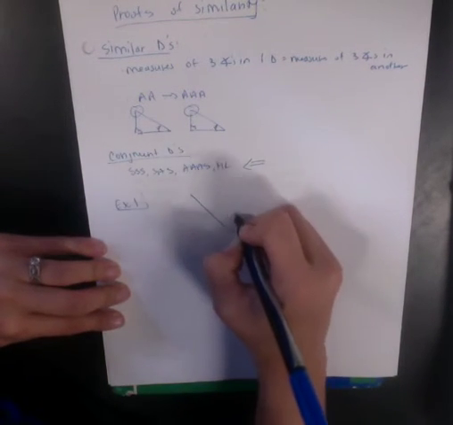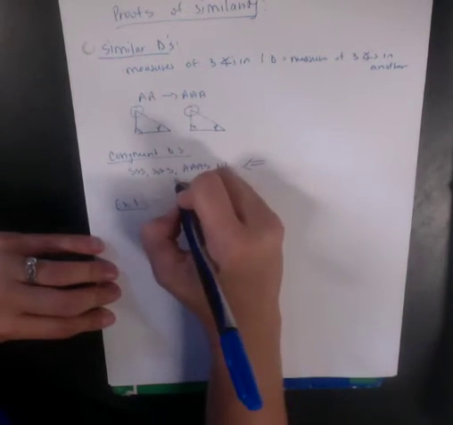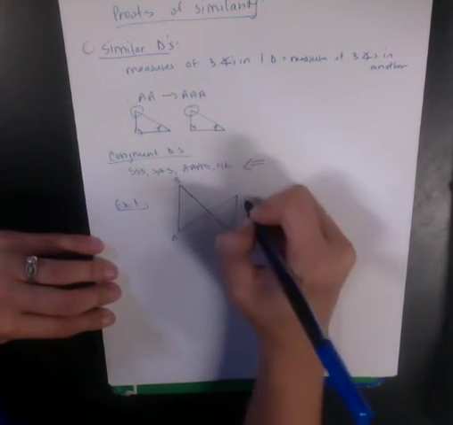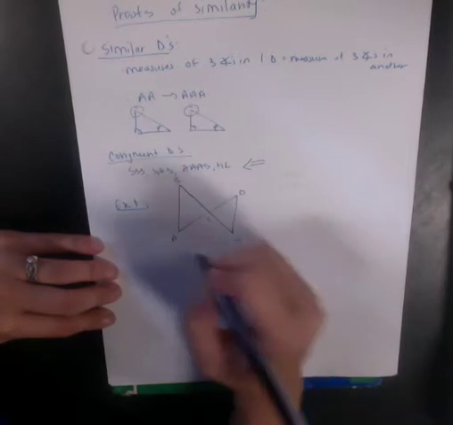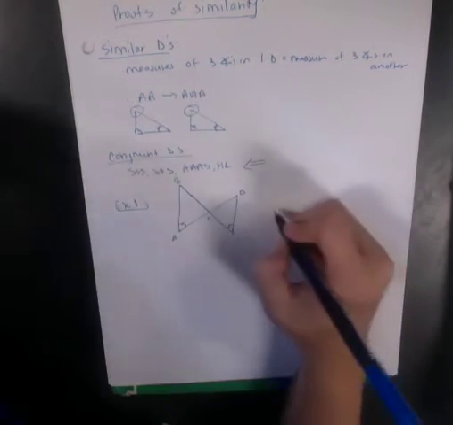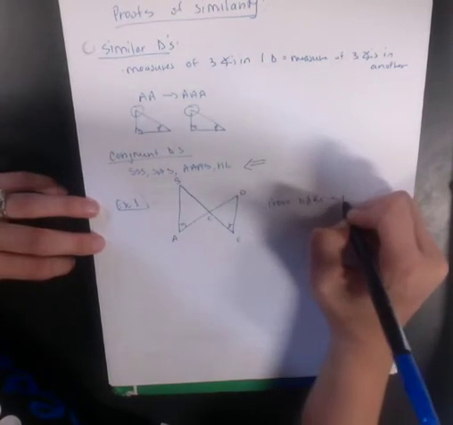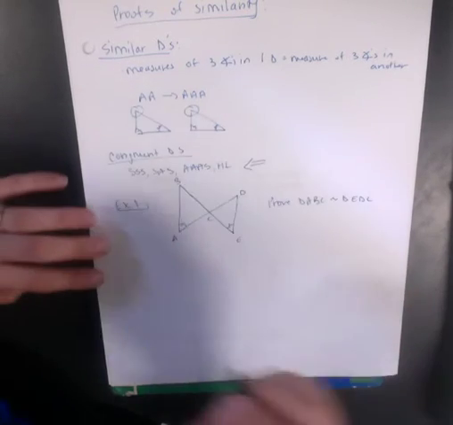Okay, if I have this figure, and I say this is B, A, C, D, E, and I tell you this and this, I want to prove that triangle ABC is similar to triangle EDC.